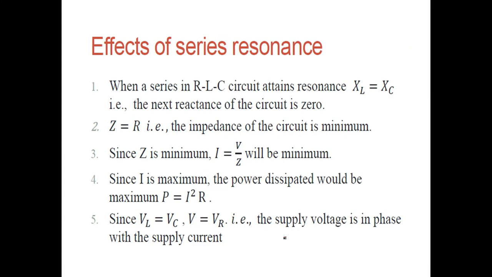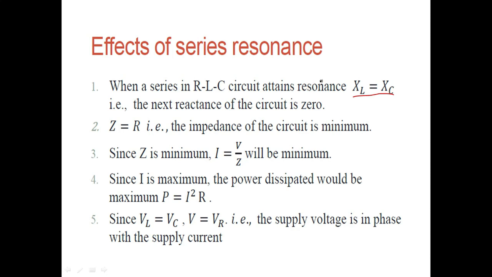Then the effect of series resonance. When the series RLC circuit attains resonance, the condition, as we already know, is that inductive reactance is equal to capacitive reactance, and the net reactance of the circuit is 0.